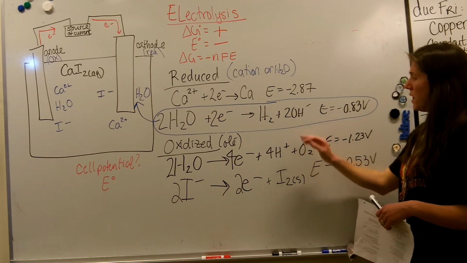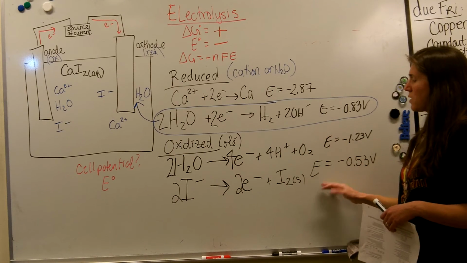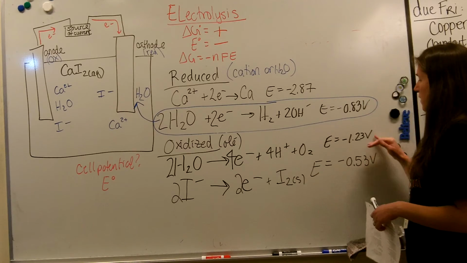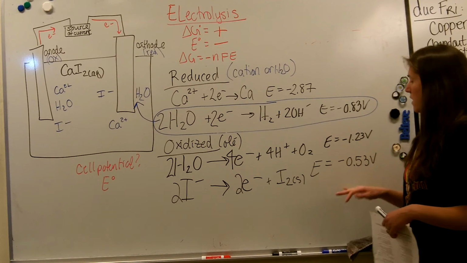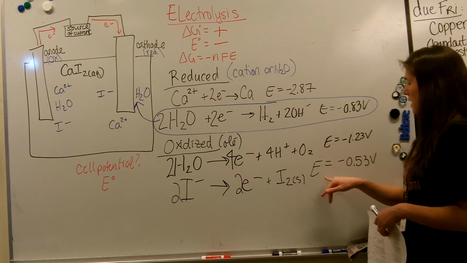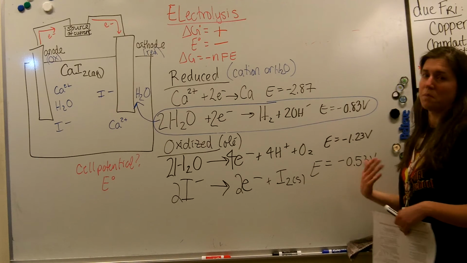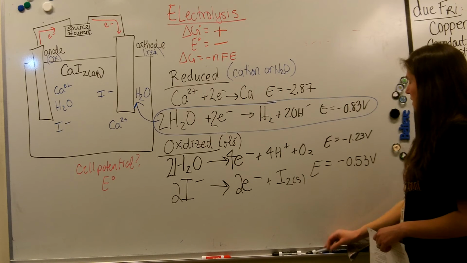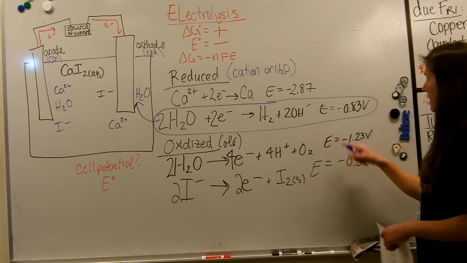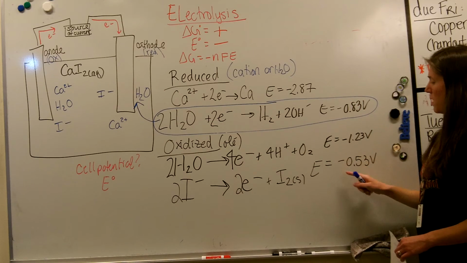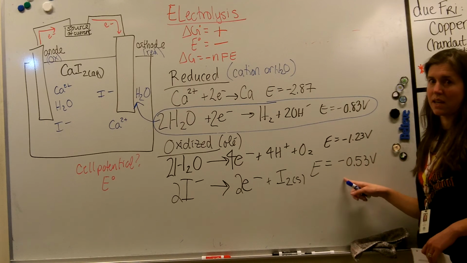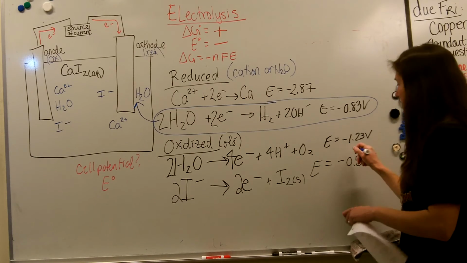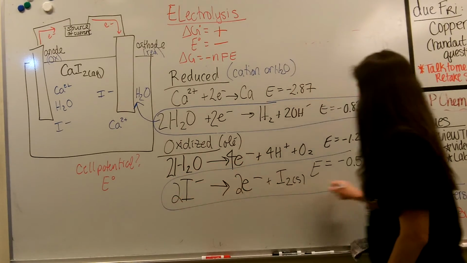So once I've taken a look at my possible reactions, flipped them around, turned them into oxidations, and flipped the signs accordingly, then the process as written that has the most positive E value will be the most likely to occur. In this case, both E values are negative, just like they were up here, but the one that is least negative is the most positive value, and this will be more energetically favorable. So it's this reaction right here.